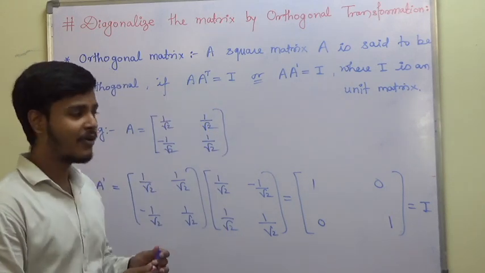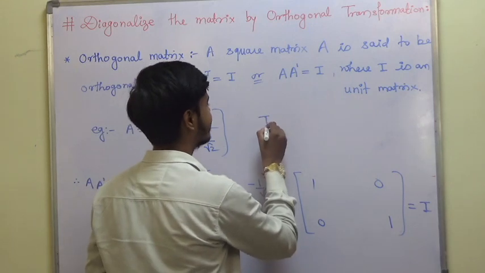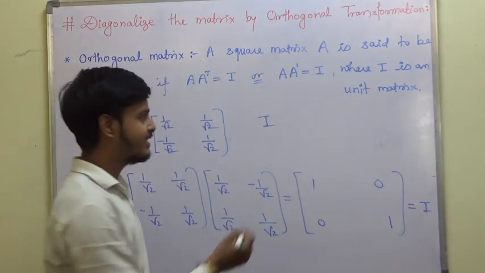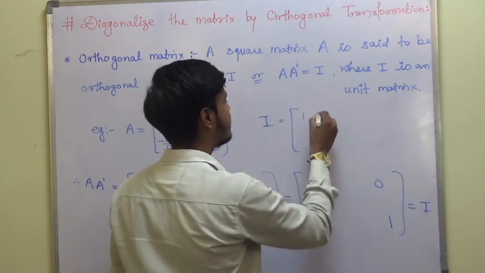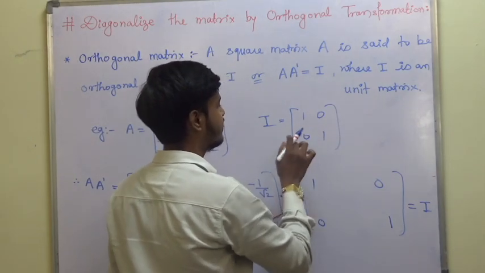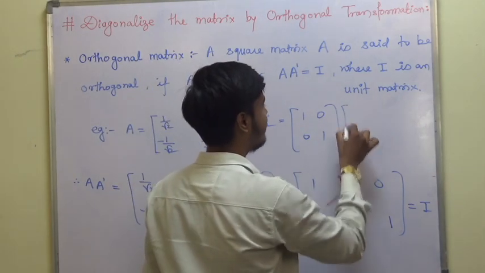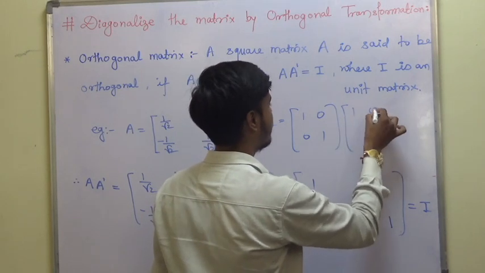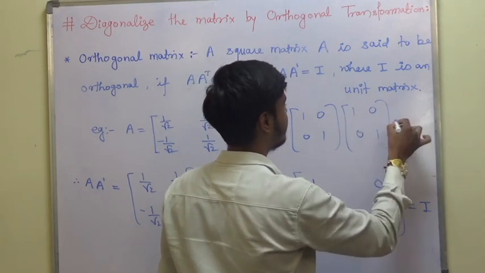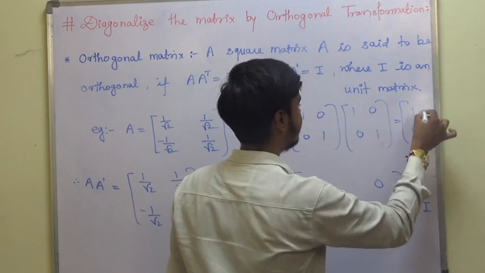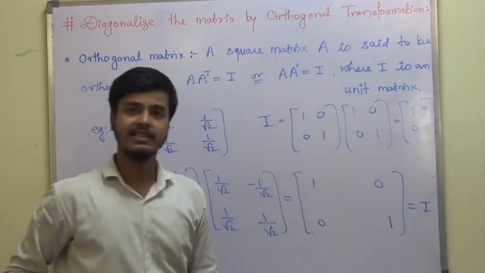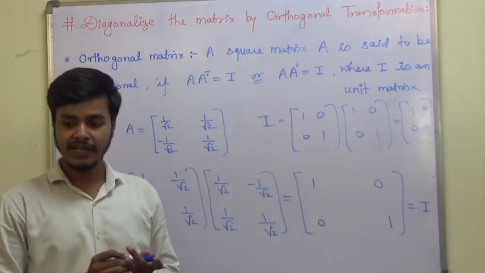The simplest example of an orthogonal matrix is the identity matrix, is it not? It is 1 0 0 1. Then what is its transpose? 1 0 0 1. What is its multiplication? Identity into identity is identity. Simple.